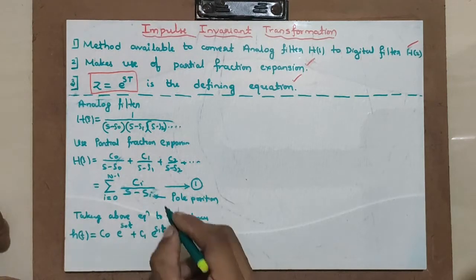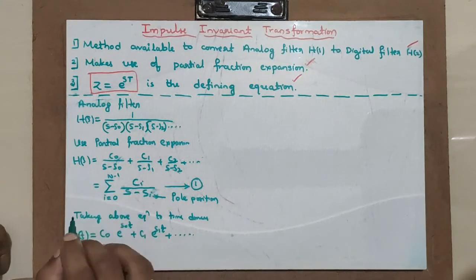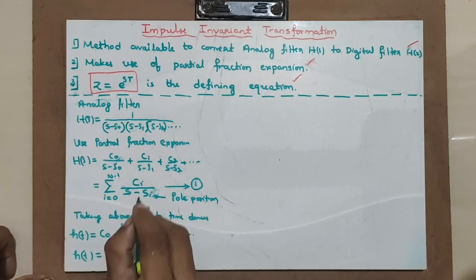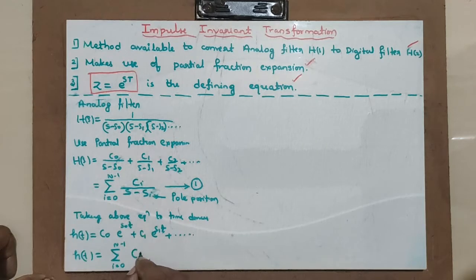That means the same H of S equation, equation 1, I can write in this manner. H of t is equal to summation i is equal to 0 to n minus 1 Ci e raised to Si t. I hope you understood.